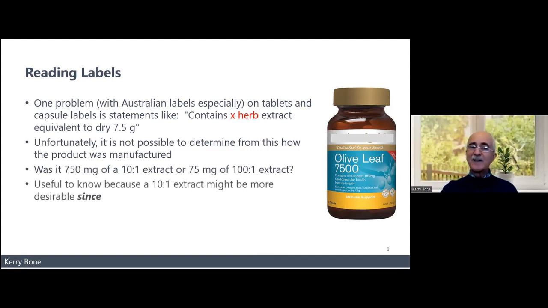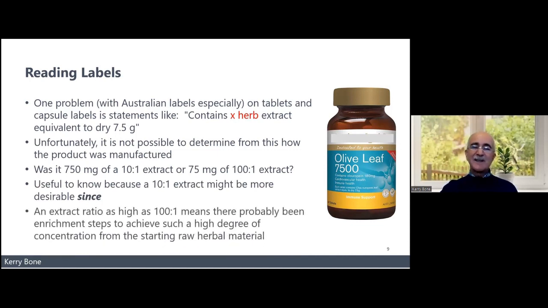It's useful to know, since a 10:1 extract might be quite more desirable, since an extract ratio as high as 100:1 means there's probably been some enrichment steps to achieve such a high degree of concentration from a herbal starting raw material. So generally, what they call native extracts of herbs that are made just, or dried galenicals that are made just by extracting with alcohol and water, you're generally looking at extract ratios in the range of 5 to 15:1.